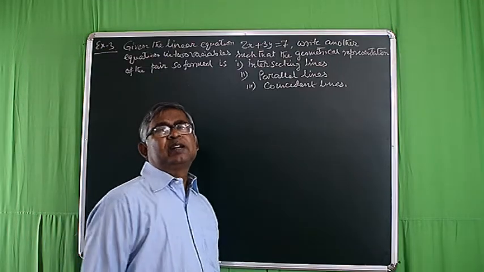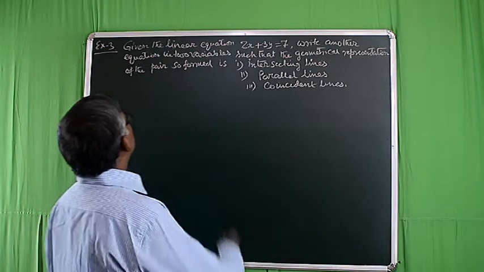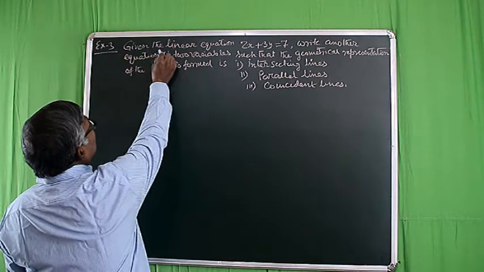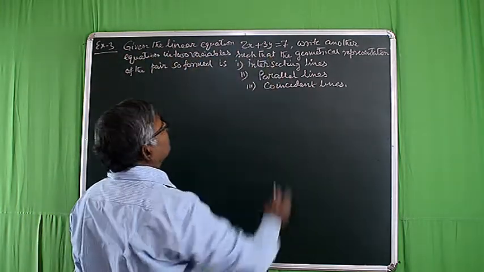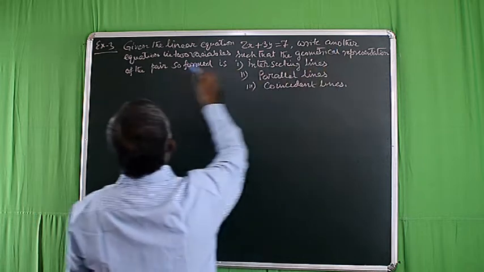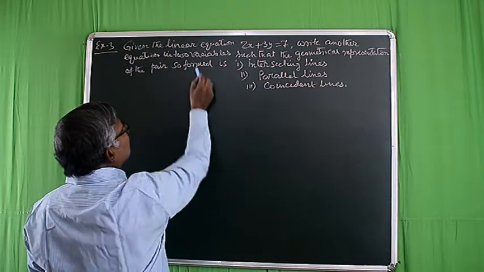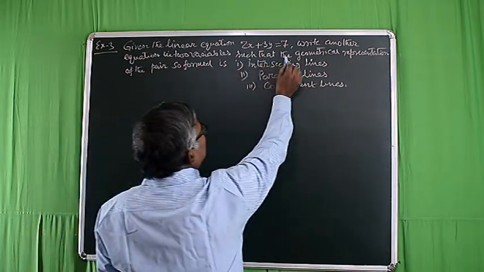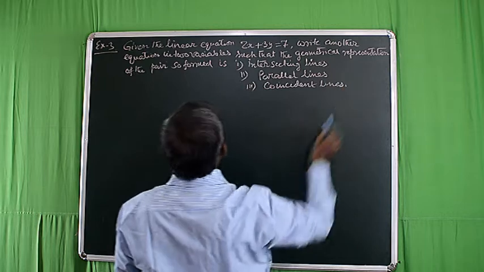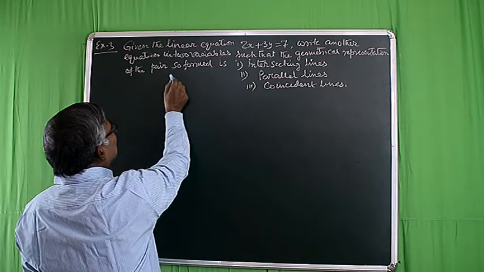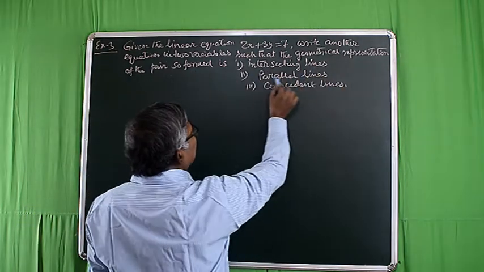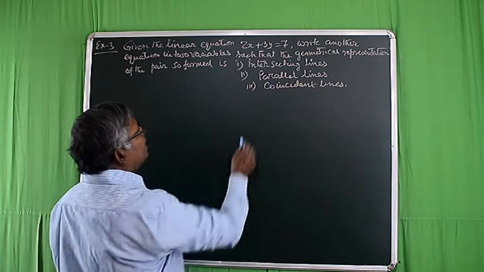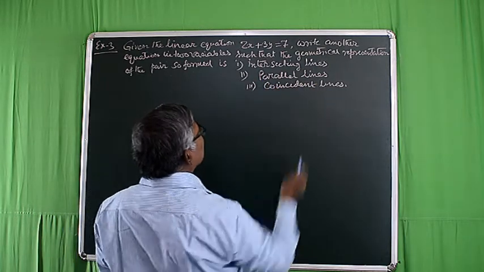Students, let us consider the third problem. Given the linear equation 2x plus 3y equal to 7, write another equation in two variables such that the geometrical representation of the pair so formed is intersecting lines, parallel lines and coincident lines.